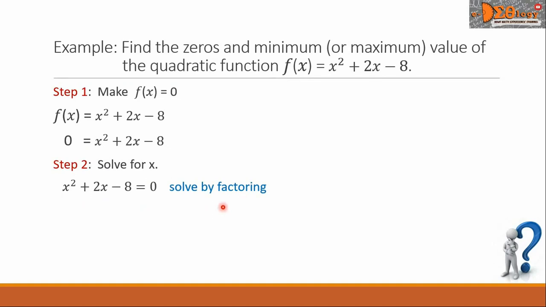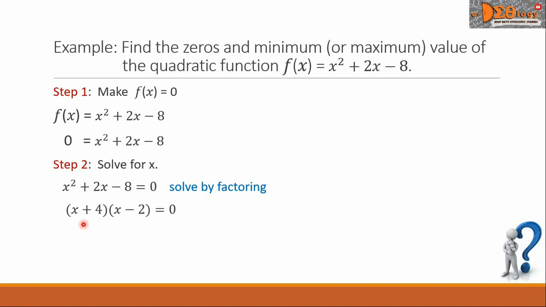Please review our video regarding factoring of trinomial. So when we factor our trinomial here, we have two factors which are both binomials. So we have x plus 4 times the quantity x minus 2 equals 0.